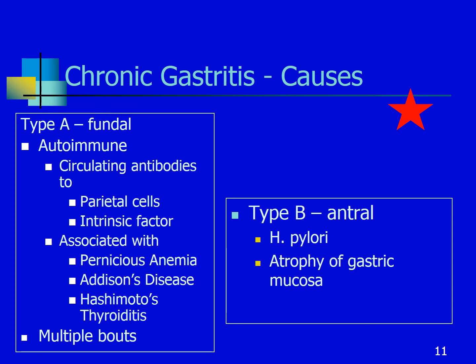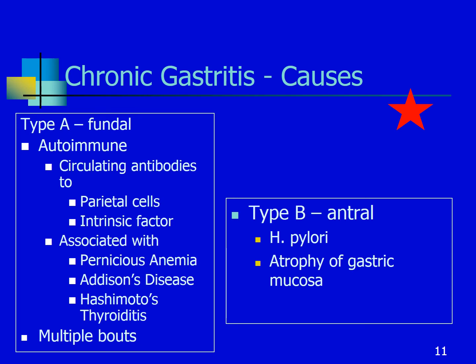So the fundal type of chronic gastritis is usually caused by autoimmune factors. Autoimmune means that the body decides to take over or destroy itself, not recognizing the normal cells. And so there are circulating antibodies to parietal cells or intrinsic factor, right? We're going to talk about intrinsic factor.